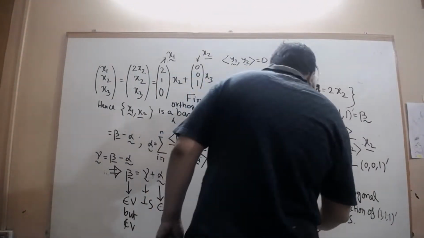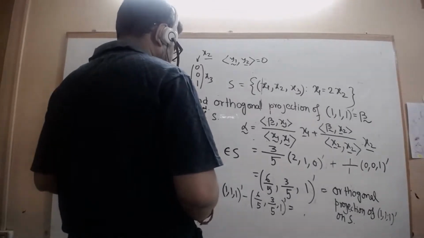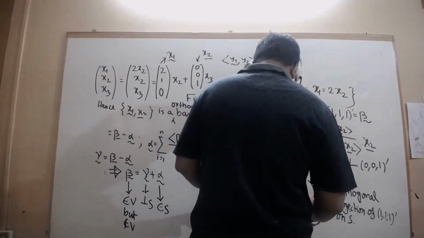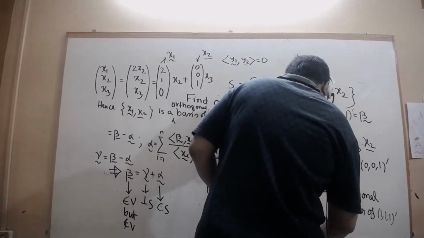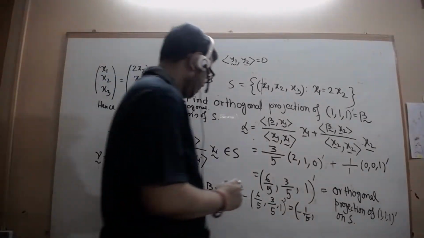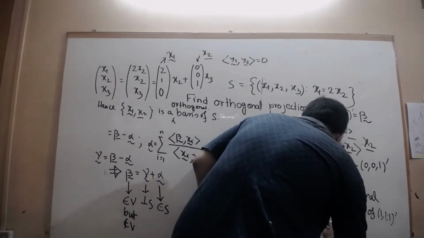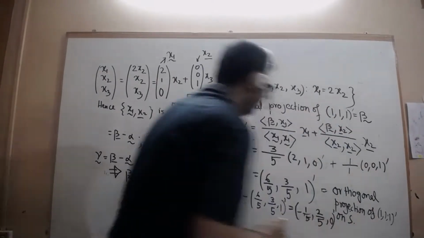So this is equal to minus 1 by 5, comma 2 by 5, comma 0, prime.